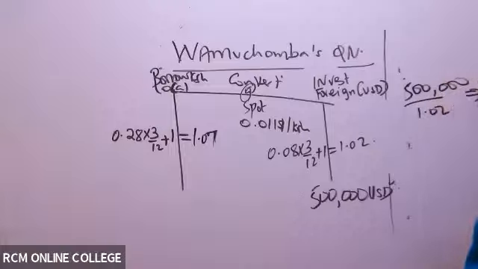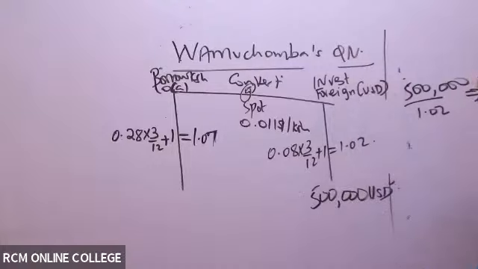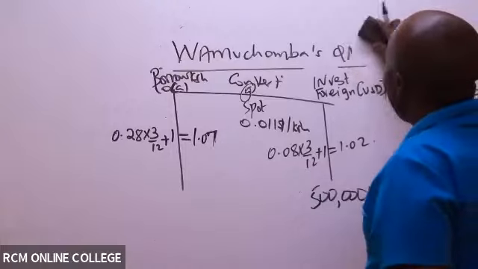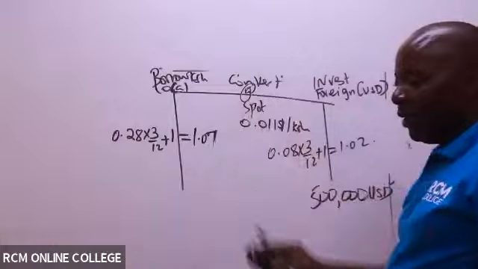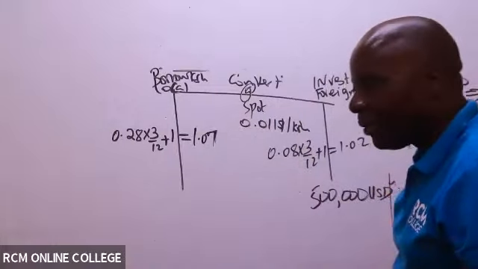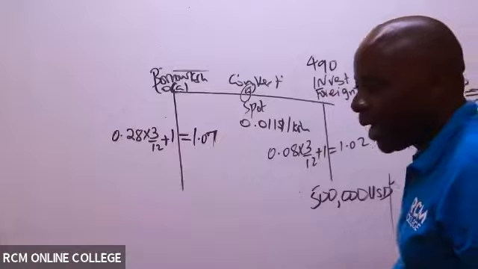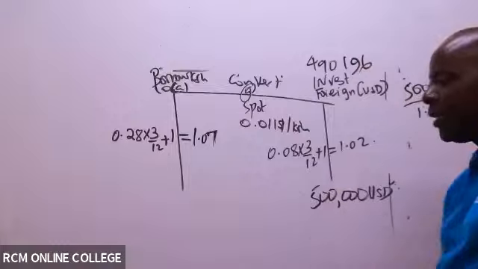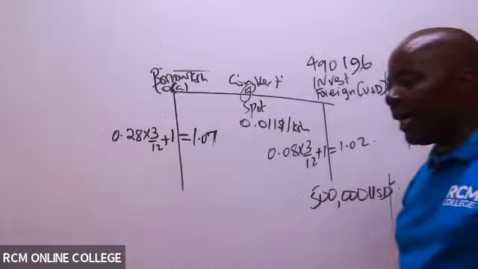So this is up, you divide. How much are we getting there, somebody, before we disappear? 490,196.